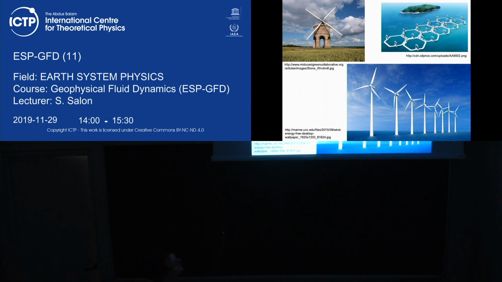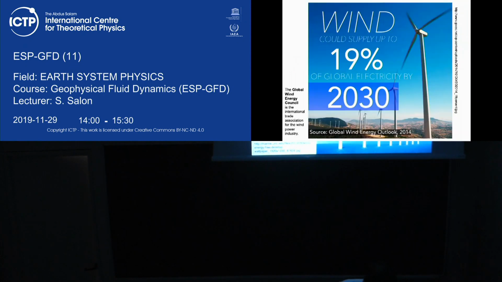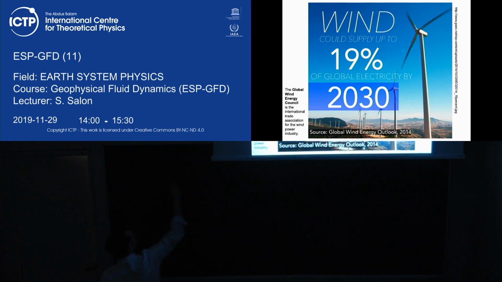These are some pictures that I found on the internet on wind energy, which is very important. We are talking about wind energy, but we also have tidal energy, and tides are other phenomena that are related to GFD.